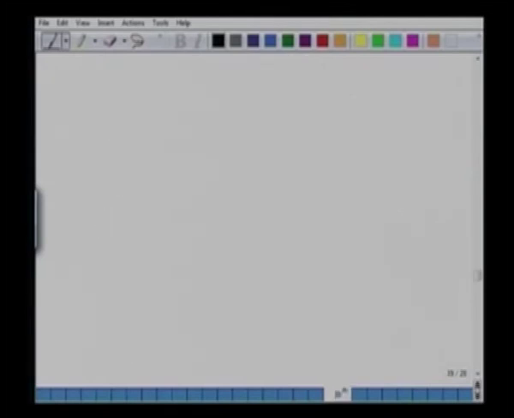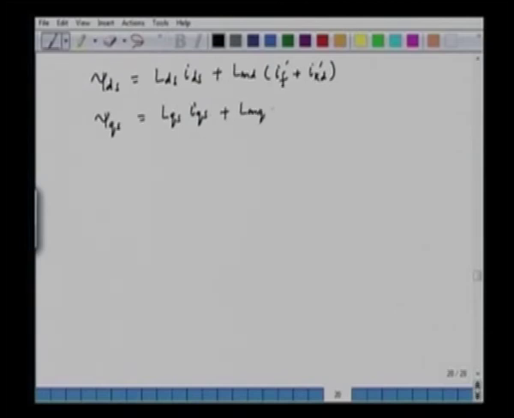So, we can write down the various flux linkages. The flux linkage in the d axis is given as LDS into IDS plus LMD into IF prime, the referred current, plus IKD prime. The flux linkage in the q axis, psi qs, is equal to LQS into IQS plus LMQ into IKQ prime.